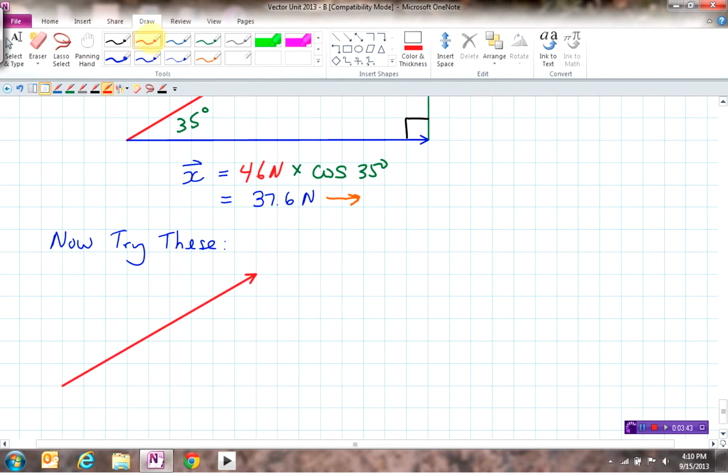Alright, now this is A, and this vector here will be 600 meters, and the angle will be 15 degrees.